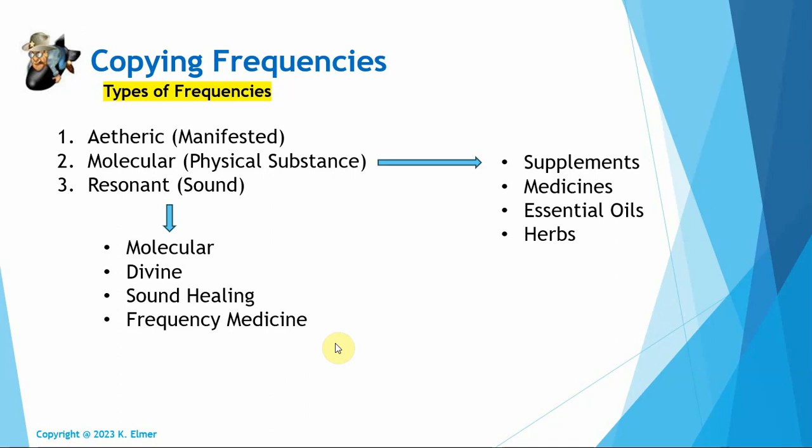Raymond Rife called those MORs, M-O-R, which he discovered through literally 30 or 40 years of experimenting. MOR stands for mortal oscillatory rate, which means the frequency he discovered that would eliminate a pathogen. And that just started with him.